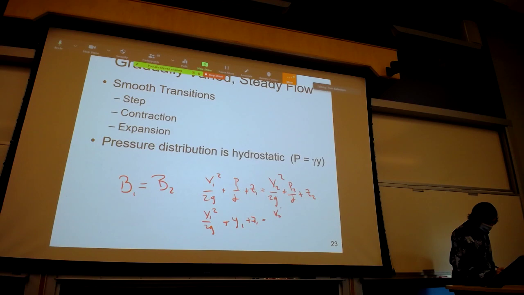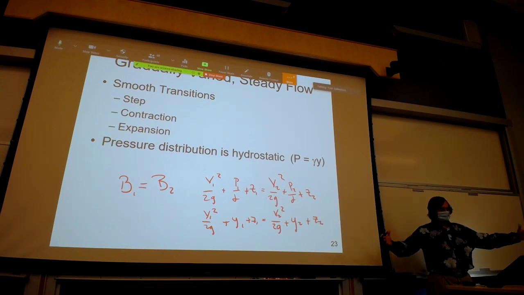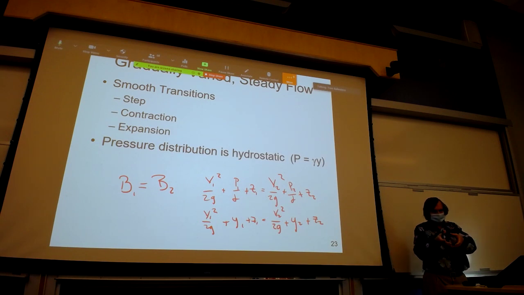What happens is, just like in a pipe, when you go into a contraction in a pipe, you know the discharge is constant, and because you've contracted the cross-sectional area, the velocity goes up. That had to happen at the expense of pressure.